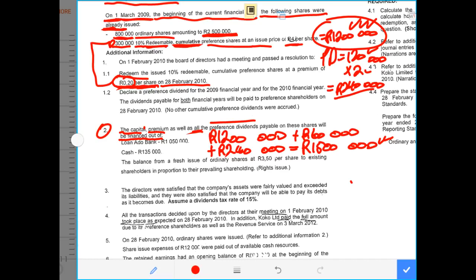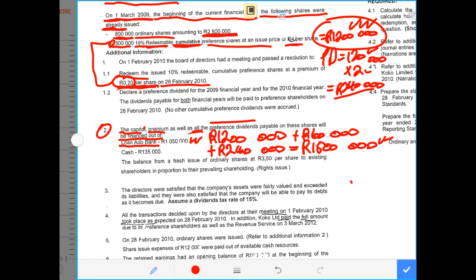So now how do we raise money? They say loan from Odo Bank for 1,050,000. So now they say we need to raise a loan from Odo Bank, and when we raise the loan, they say the loan must be limited to 1,050,000.